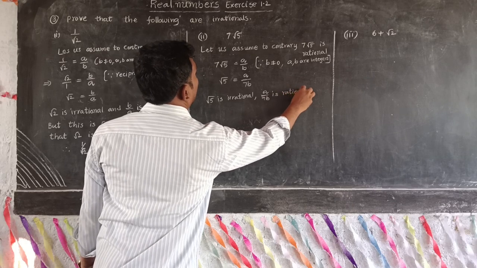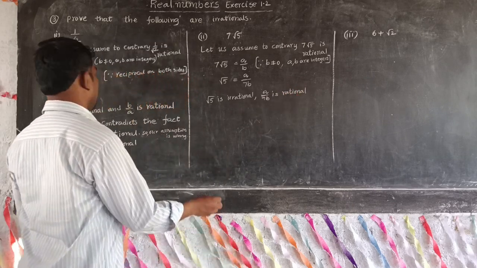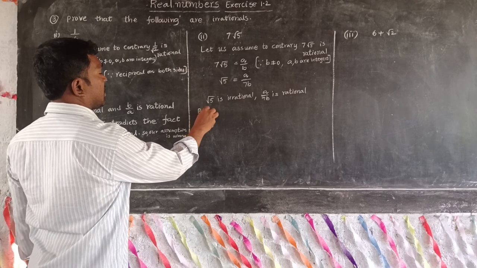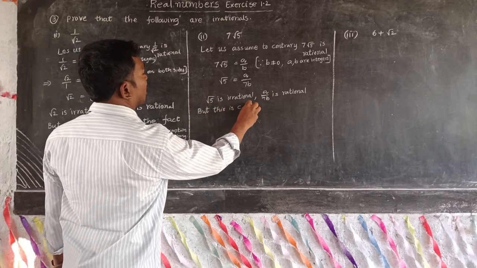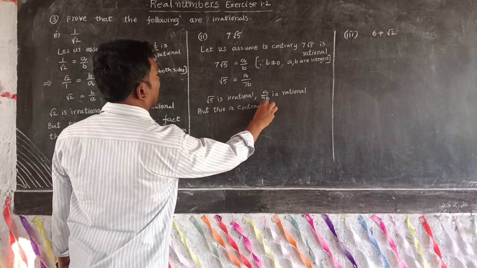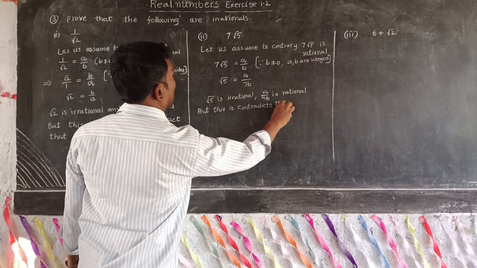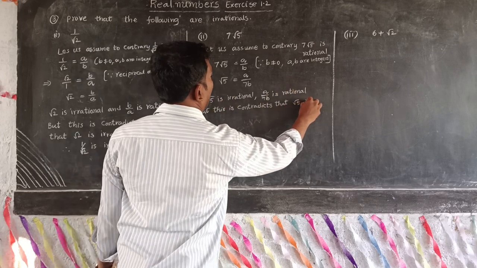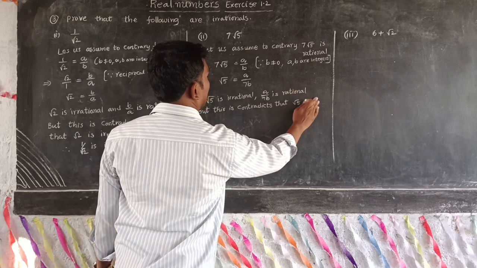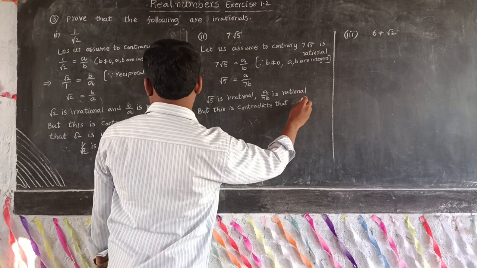A by 7b is rational, but this contradicts the fact that root 5 is irrational.